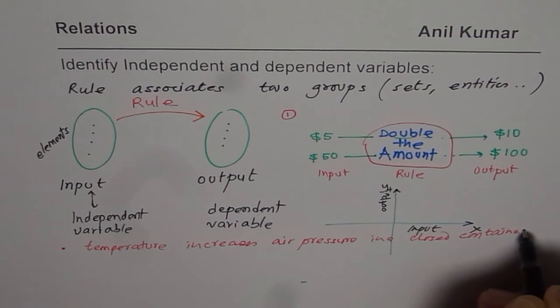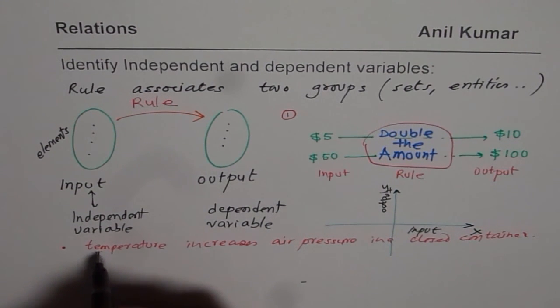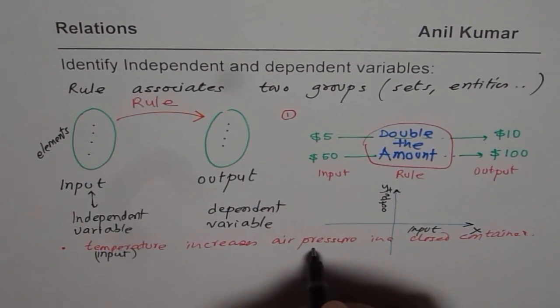So let's say an experiment is being performed and you notice that temperature increases air pressure in a closed container. So in this kind of example, can you tell me what is the input? So temperature becomes the input and the output is air pressure. So air pressure becomes the output.